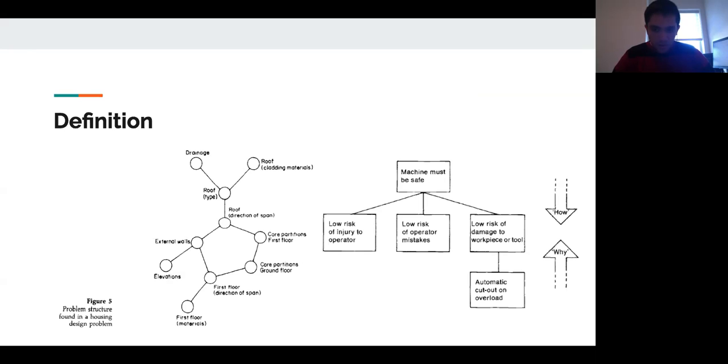So framing is very important, and the way you go about tackling a problem, whether it is ill-defined, very vague, openly defined, or very narrowly defined.